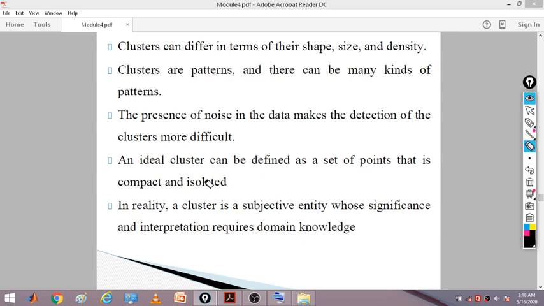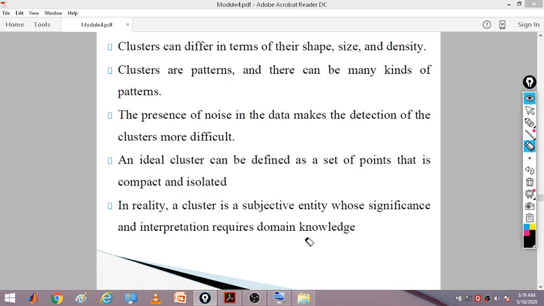An ideal cluster can be defined as a set of points that is compact and isolated. That means all the objects are close to each other and isolated from others, all belonging to one particular cluster. In reality, a cluster is a subjective entity, so its significance and interpretation require domain knowledge.